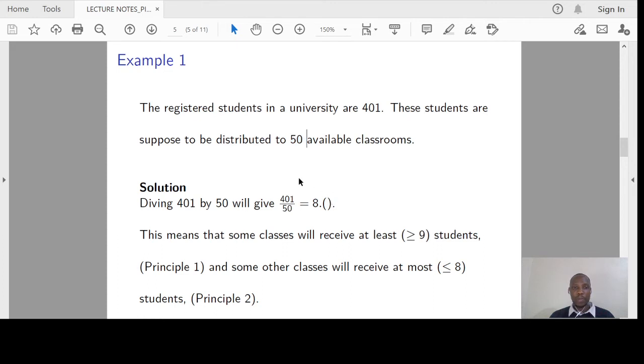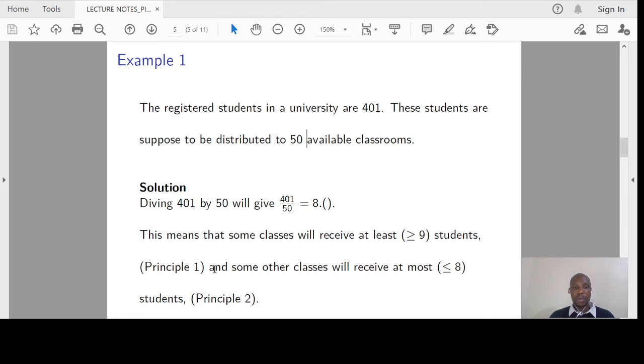Remember, when we were proving, we had actually dealt with this something, which is just a fraction, and it will be taken as 1, as a whole number. This means that some classes will receive at least 9 students. That means 9 or more students.